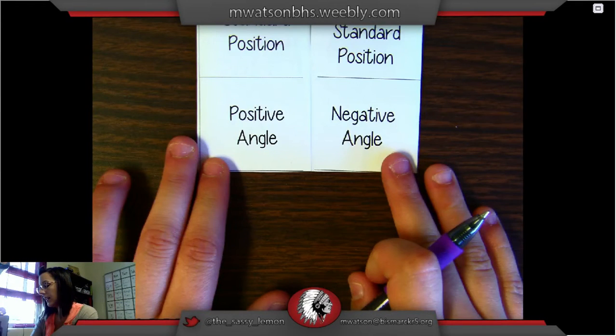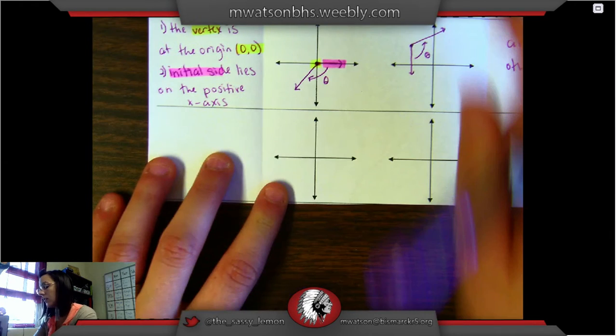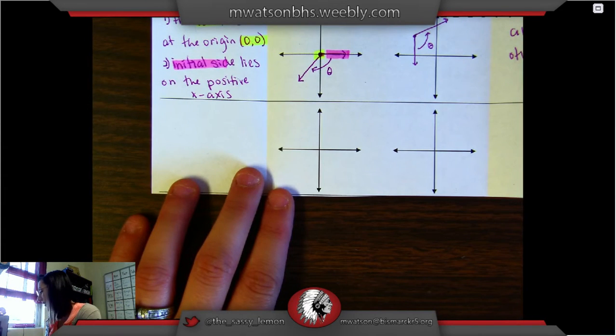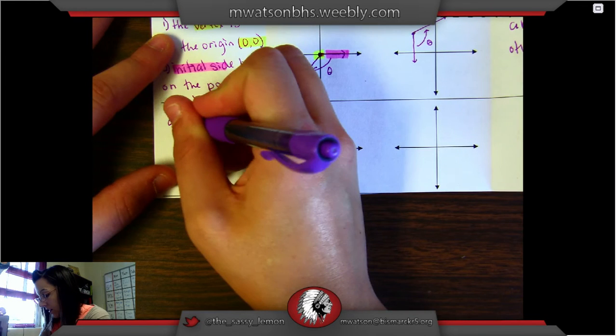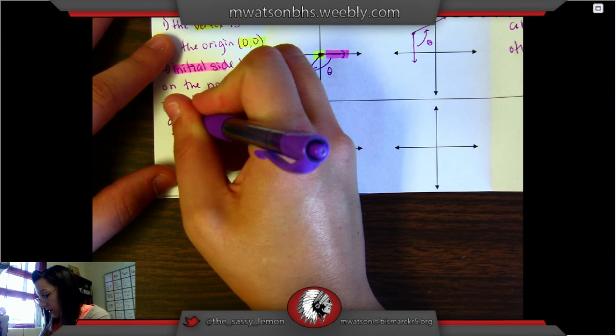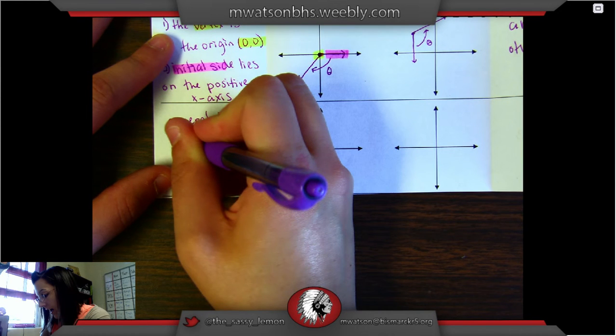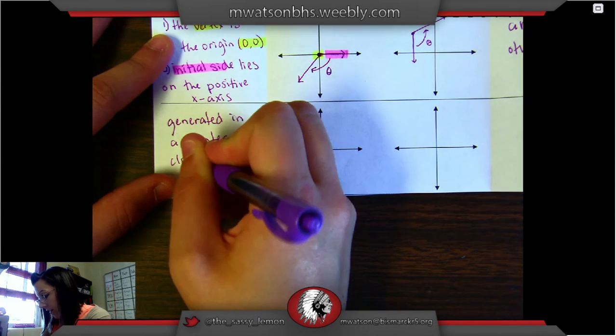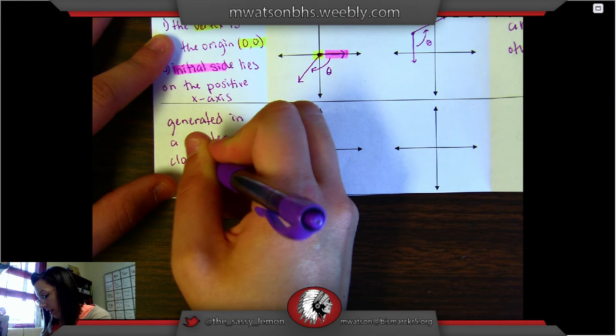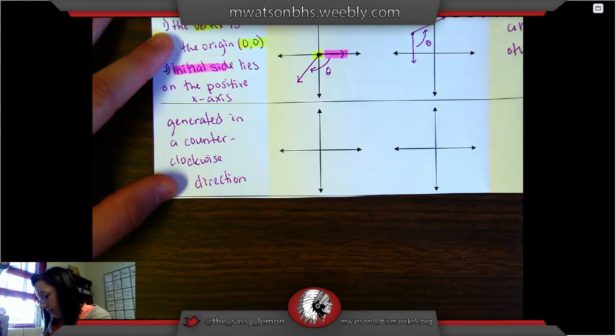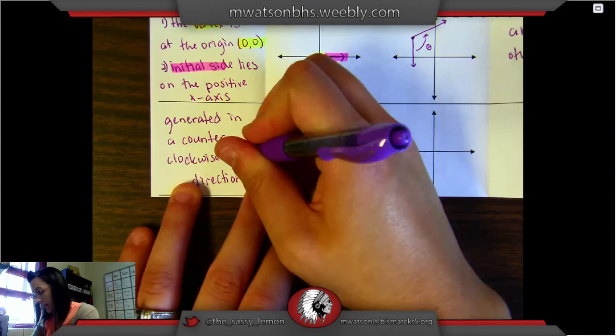Lastly, we have positive and negative angles. And this just refers to the direction that your angle is going. So for positive angles, these are generated in a counterclockwise direction. In other words, like that.